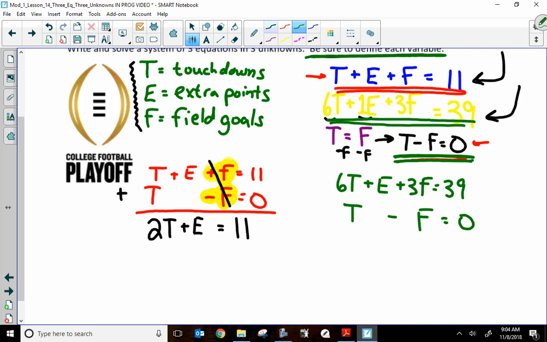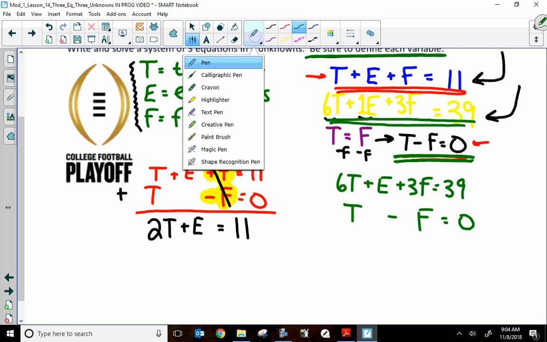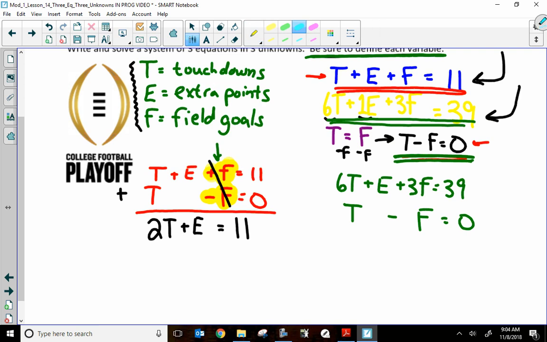Now, I need to get rid of my F's, like I did right here. But you should notice that I have 3 F's here. I don't have a 3 here. I want a 3 there, so I'm going to multiply this whole thing by 3. 3 times T is 3T. 3 times my F is 3F. And 3 times 0, well, that will stay 0.